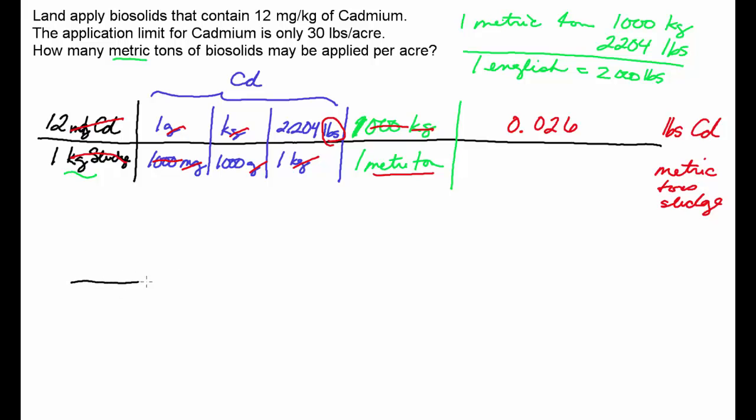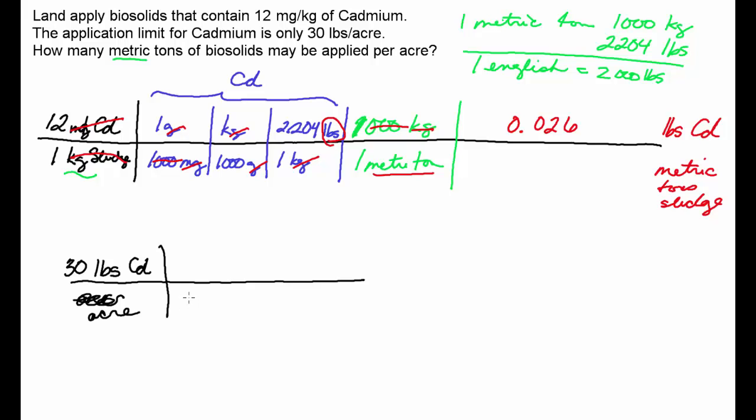Okay, but then we can do one more track down here underneath and say, okay, we're starting off with 30 pounds per acre, 30 pounds of cadmium per acre. So that's the acre, ACRE, there we go. So 30 pounds per acre.